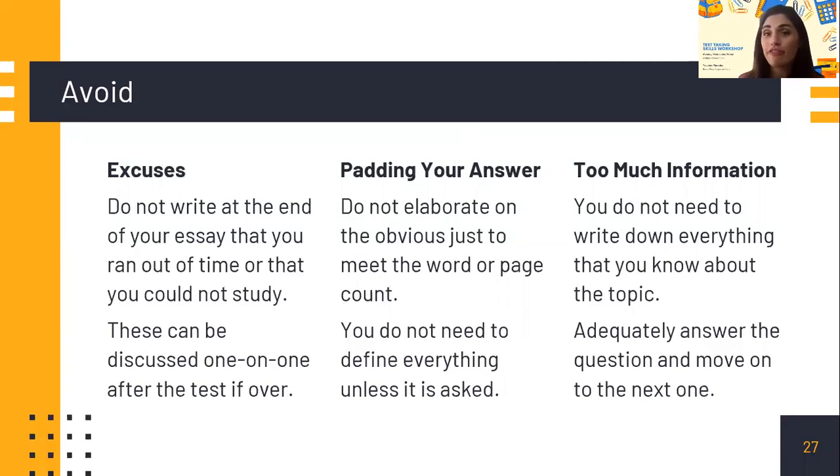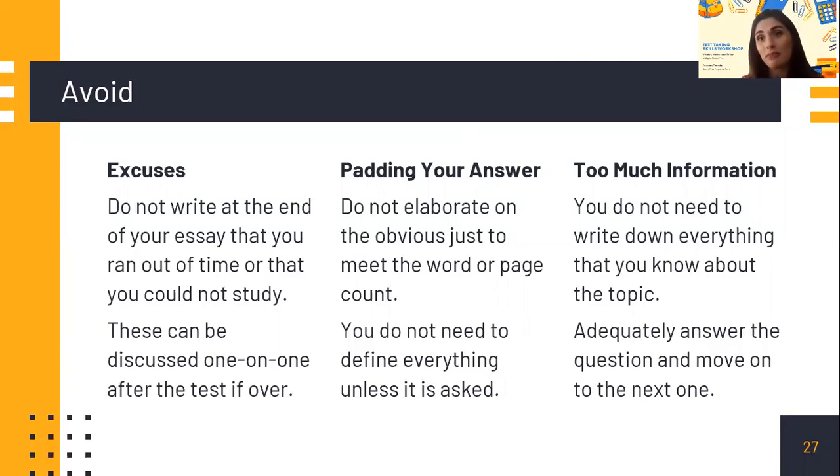You don't have to define every term unless you're being asked to define a certain term in your essay. So if something is obvious, you don't have to over elaborate it. Your professor is going to know what you're talking about. Just simplify the answer. And then the other thing you want to avoid is too much information.